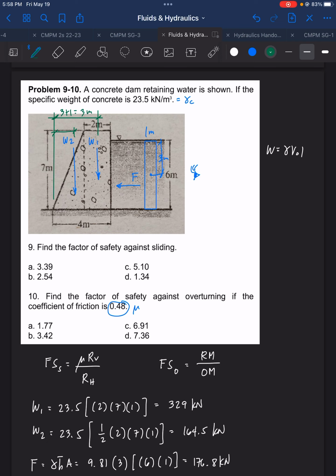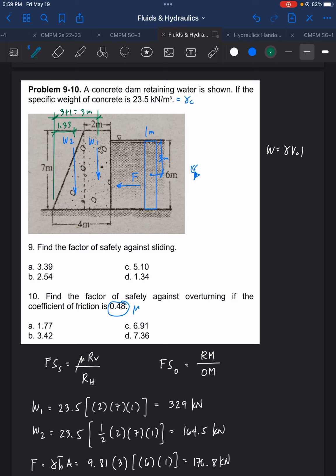No, it's not 1/3. It should be 2/3. So 2/3 of 2, that is 2 times 2 divided by 3, so it's 1.333.